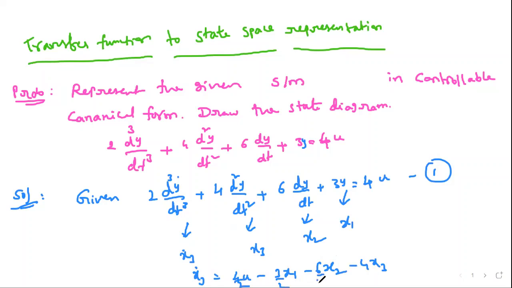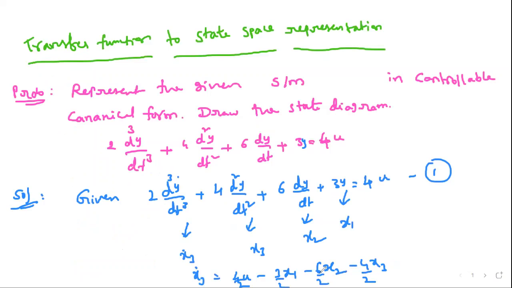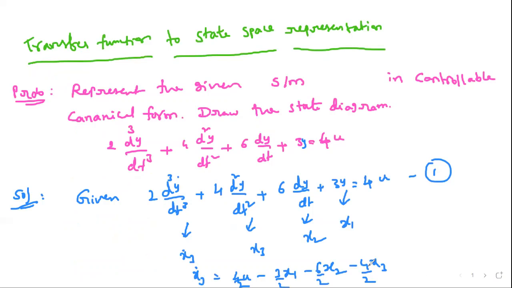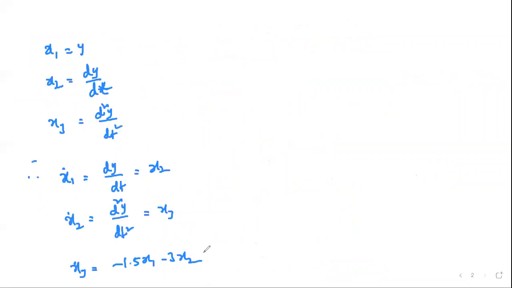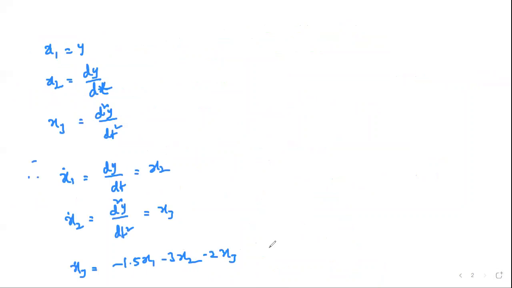If you start from the x1 coefficient, it is minus 1.5 x1, and the x2 coefficient is minus 6 by 2, that is minus 3 x2, then the x3 coefficient minus 4 by 2, minus 2 x3, and the u coefficient 4 by 2, that is plus 2u.